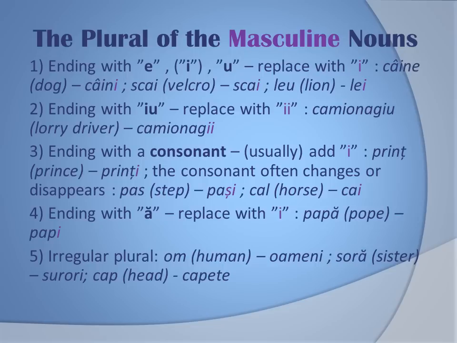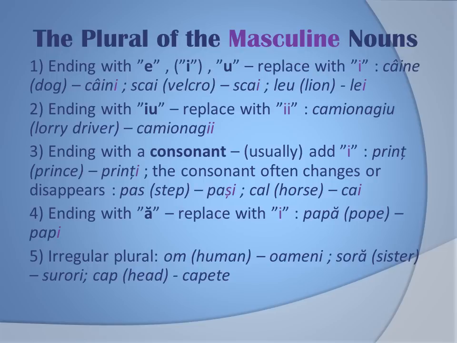For the masculine nouns ending with a, we have to replace a with i in order to form the plural, and we have papa, boat, which becomes papi. There are also many irregular plurals, as in om, human, which becomes oameni, soră, sister, which becomes surori, or in cap, head, which becomes capete.